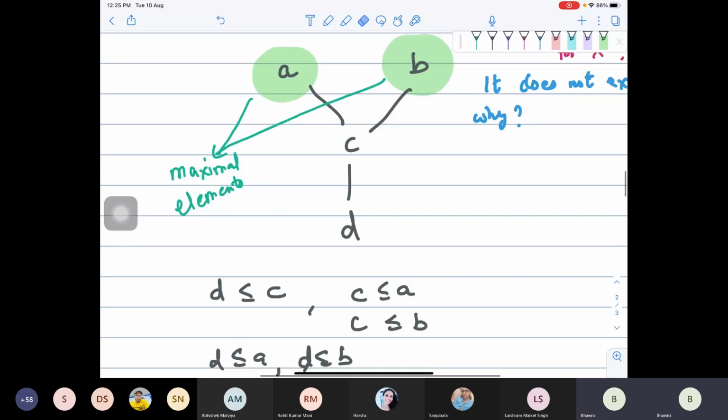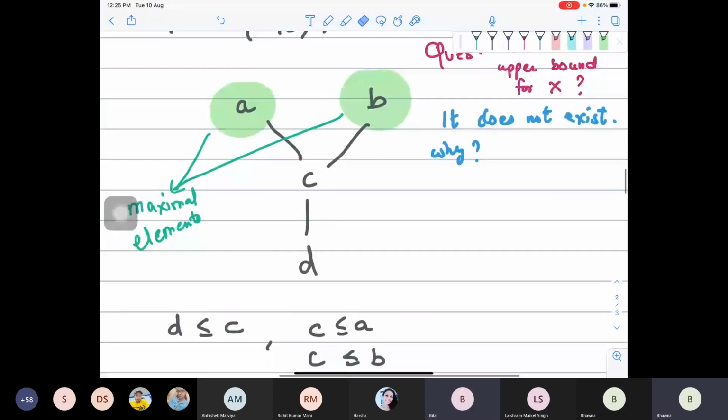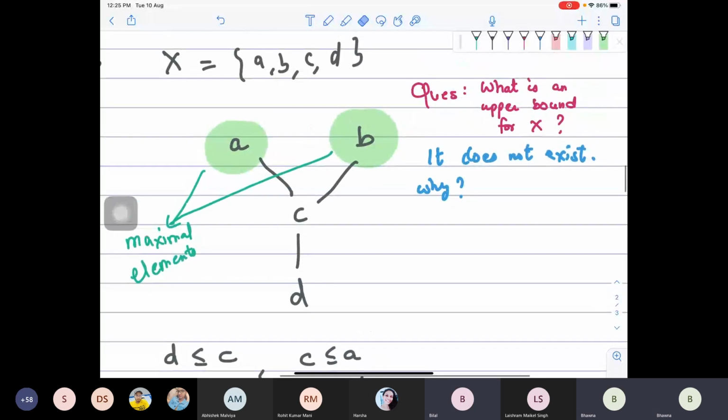Ma'am, then this should also be so for minimum bound. Not minimum bound, son, lower bound. Lower bound, okay. In this particular example, see, how we defined upper bound is something that wants to dominate everything. Similarly, we can define lower bound.